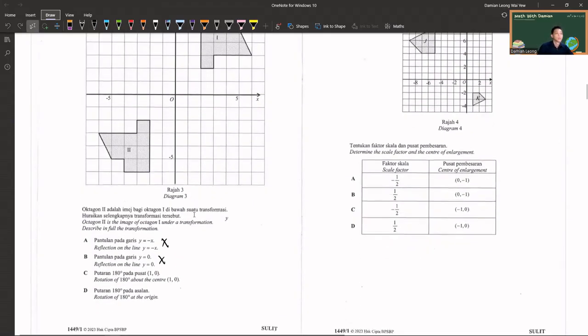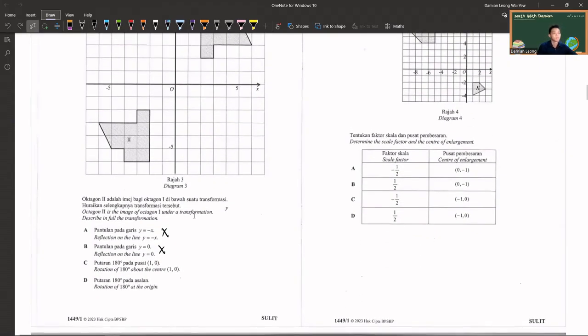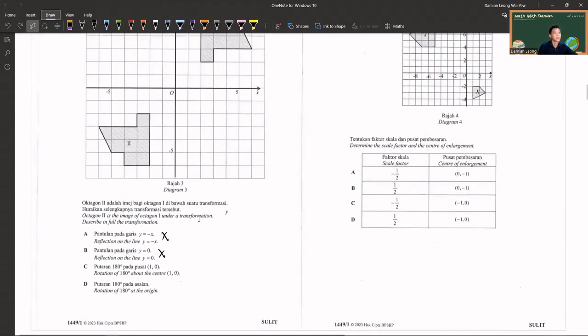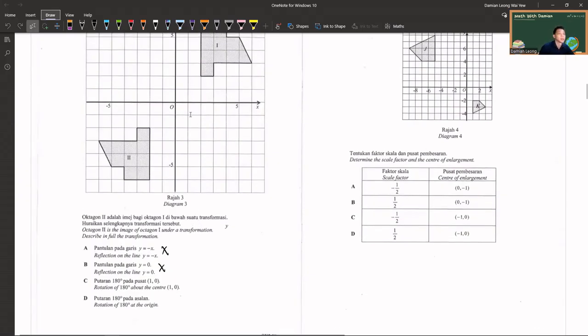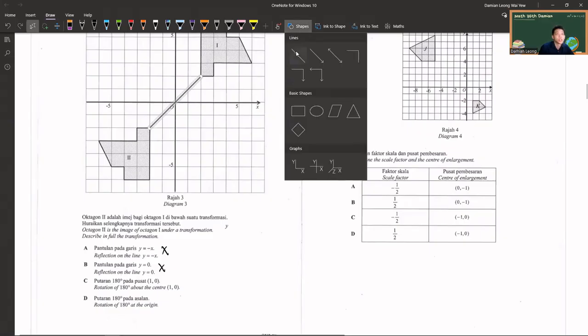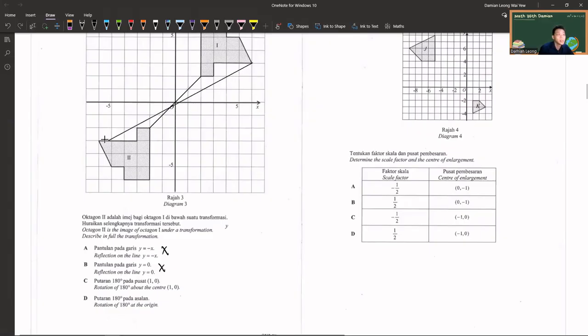So, we have to see the center of rotation. Kami perlu menentukan pusat putaran ini. So how do we determine center of rotation? We connect the equivalent points on the object and image. Just any pair of points.